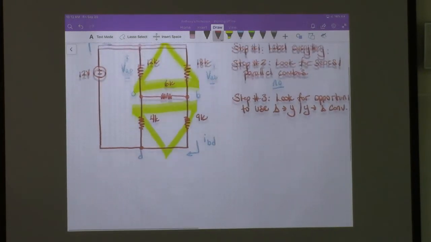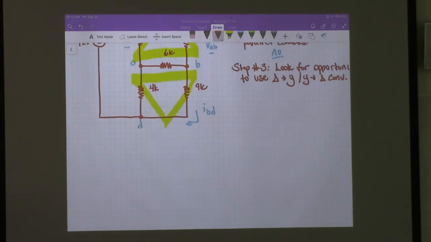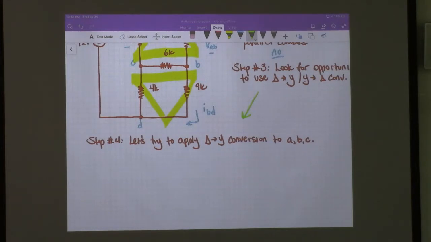So, let's try to apply the delta to y conversion to the ABC triangle.